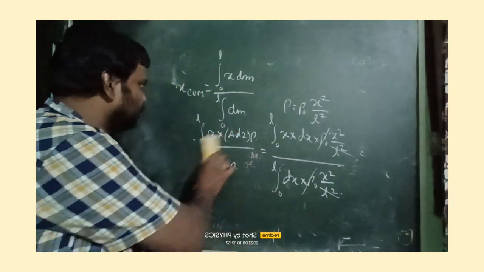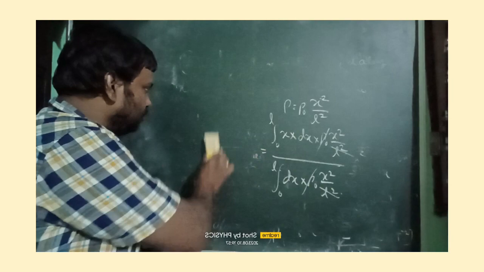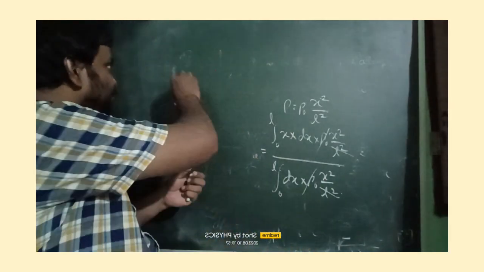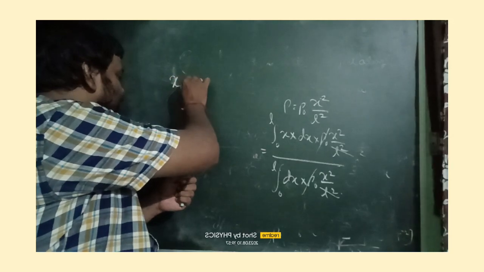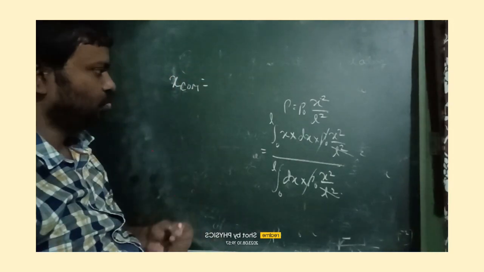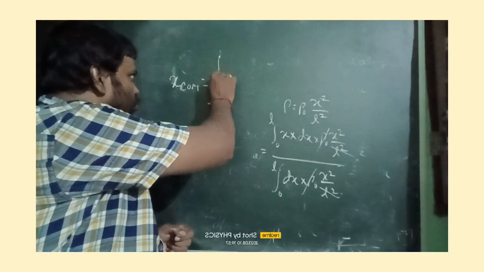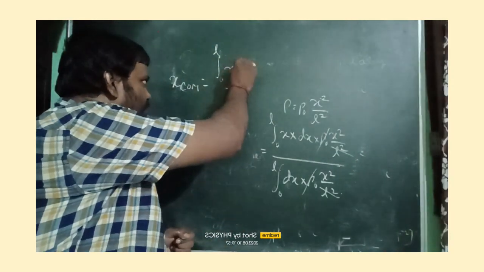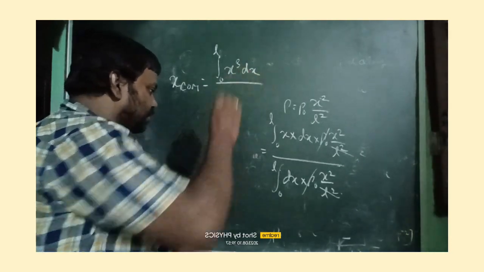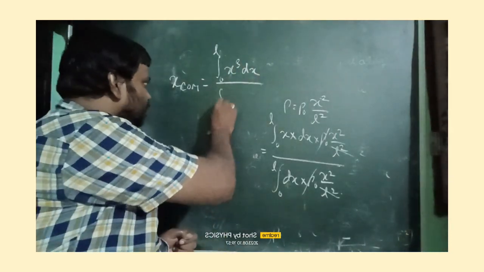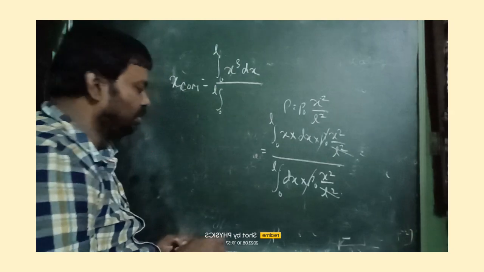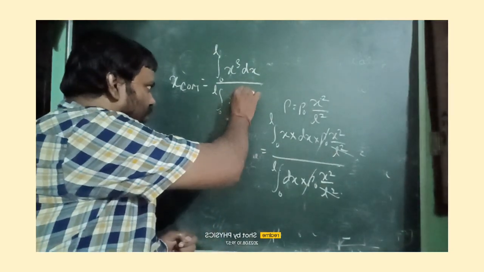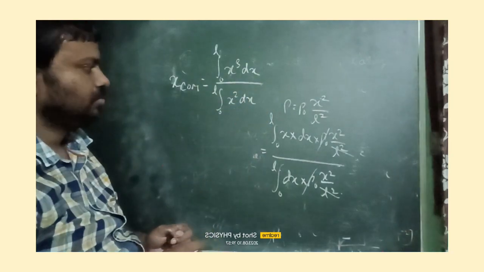Now x COM is equal to the integration 0 to L of x cube dx divided by the integration 0 to L of x square dx. This is x square dx.